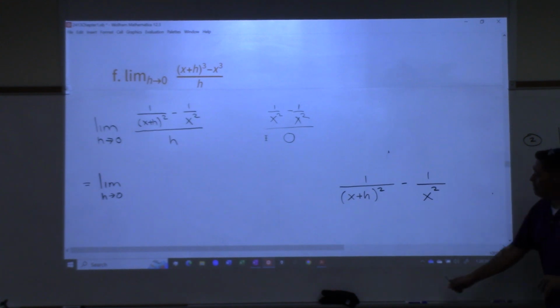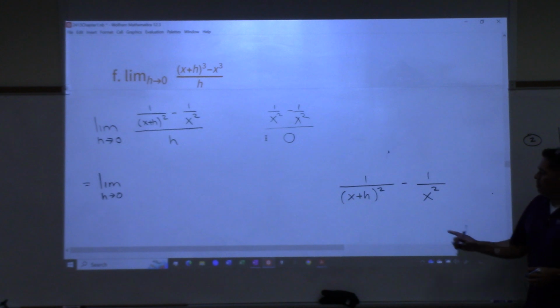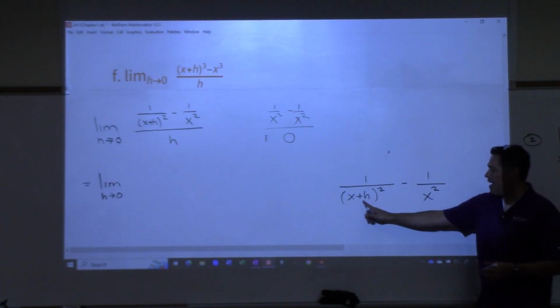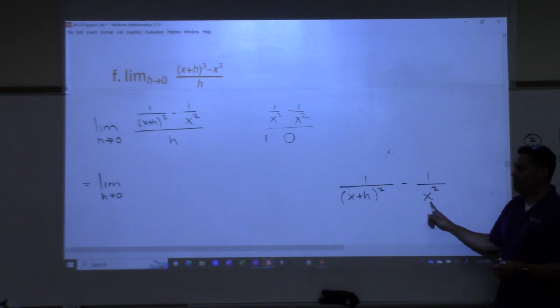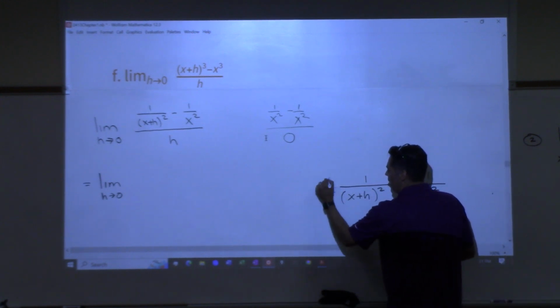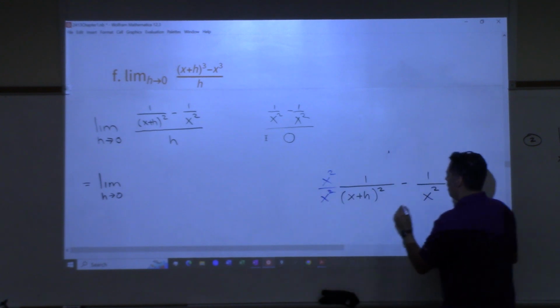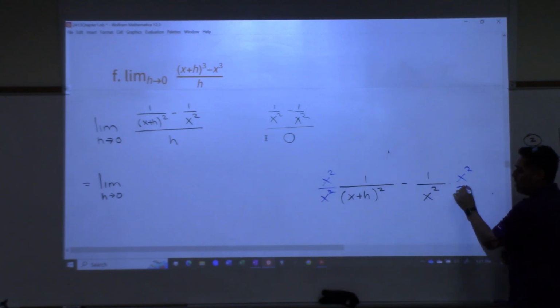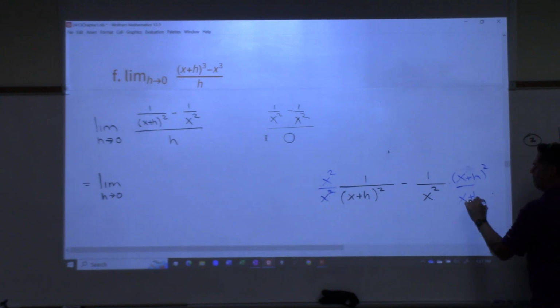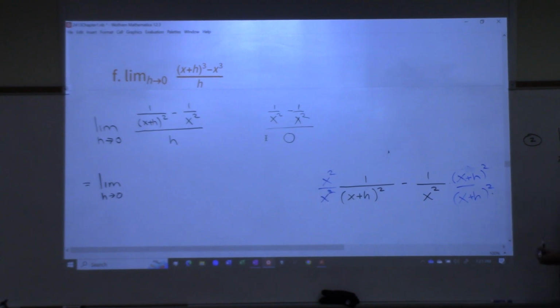So to get a common denominator here, unfortunately, we can't turn this into that, and we can't turn this into that. So we need to include an x squared on the top and bottom here, and then we need an x plus h squared on the top and bottom over here. That's what we have to do.